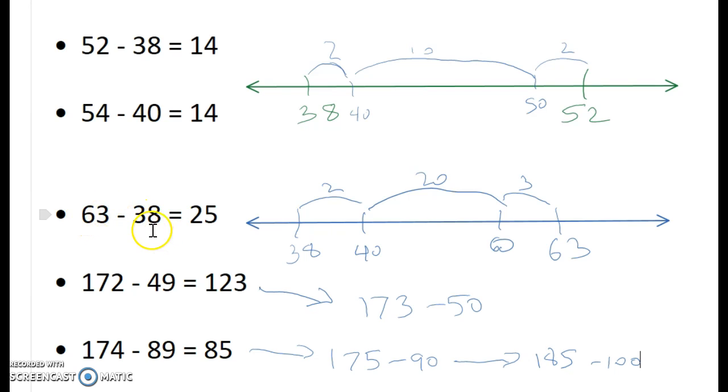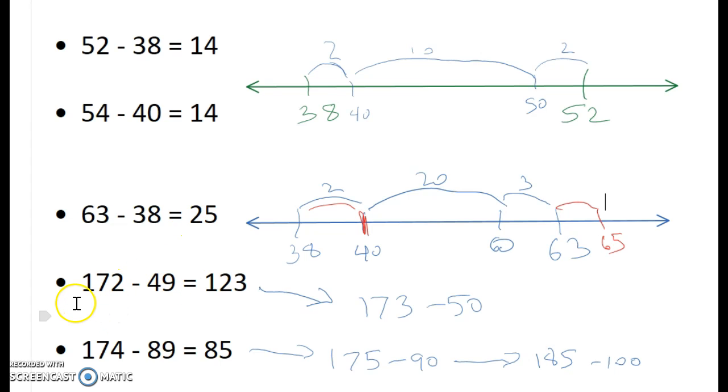Instead of doing 63 minus 38, jumping up 2 to 40, 20 to 60, then 3 more to 63, you could just right away think about this as the difference between 65 and 40, that you're shifting it by 2 in the problem before you even think about the answer.